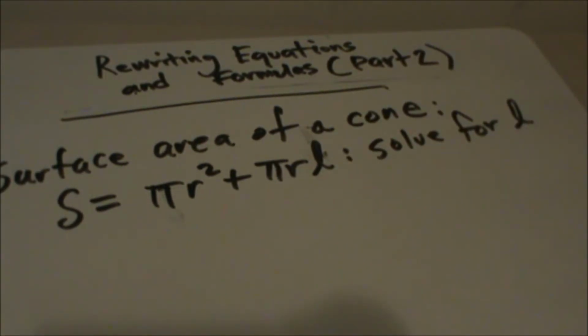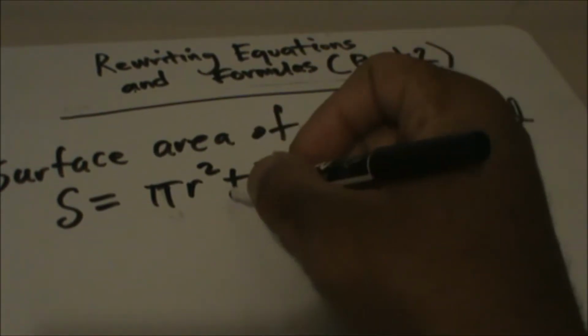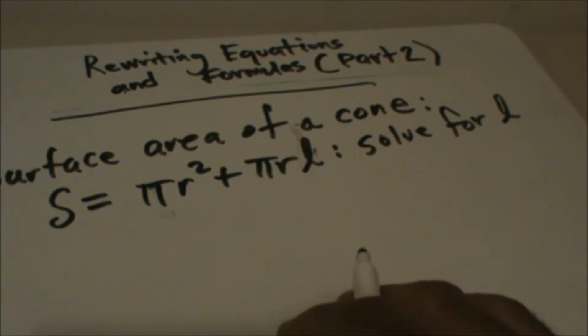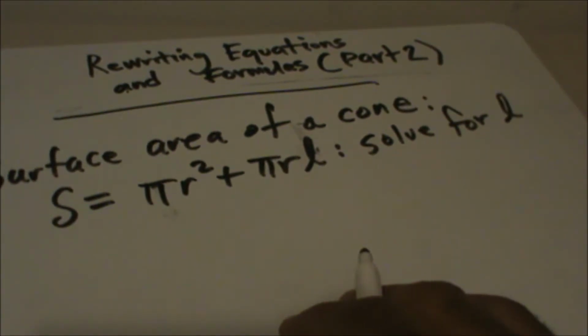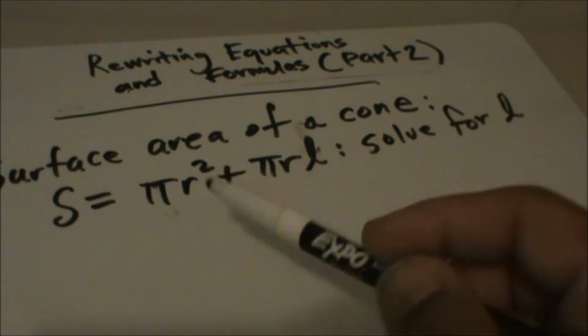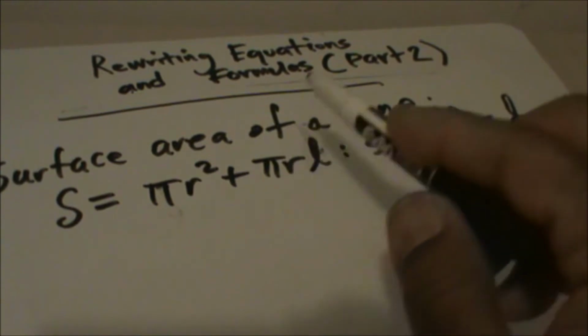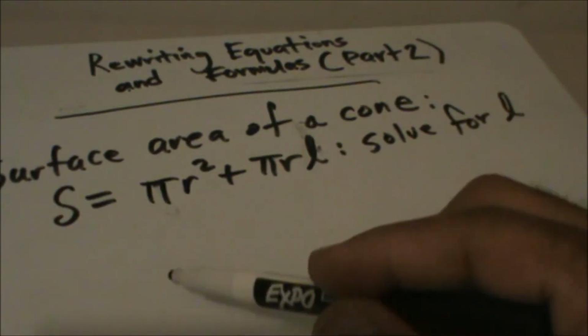All right. So looking at this, we do have plus. So that means that we can probably use the subtraction property in this case, because we can use that to move one of these terms to get L by itself. All right, so let's do that.